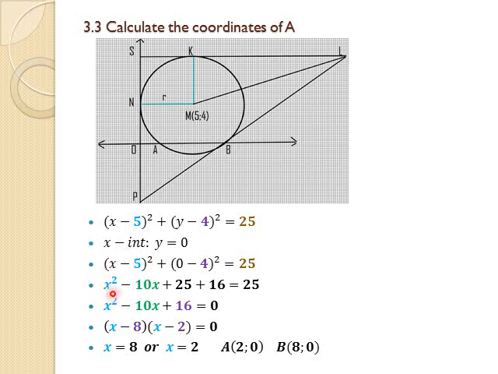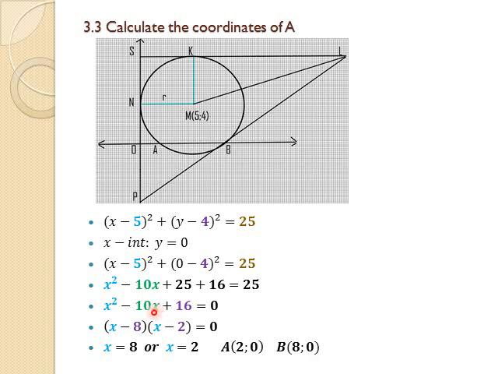So x times x, x squared. x times negative 5, times 2, would give me negative 10x. Negative 5 times negative 5 gives me plus 25. 4 squared is simply 16, and that equals 25. 25 and 25 cancel, and I'm left with x squared minus 10x plus 16 equals 0.